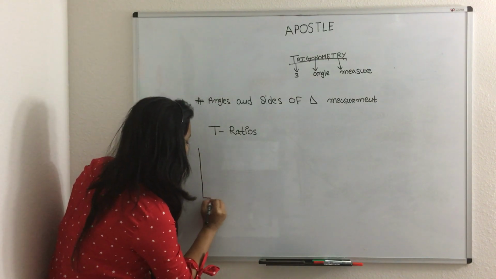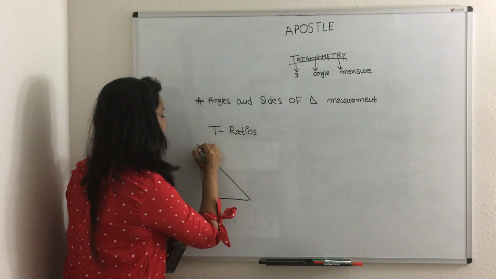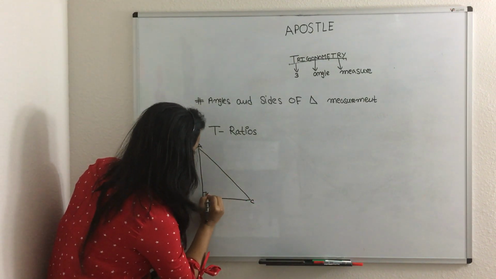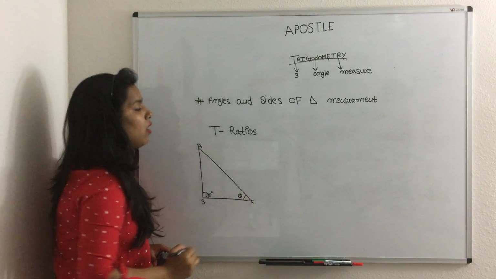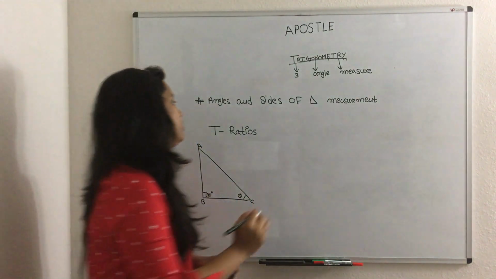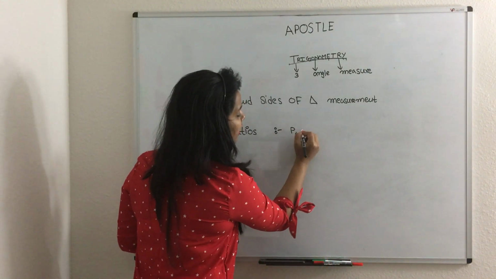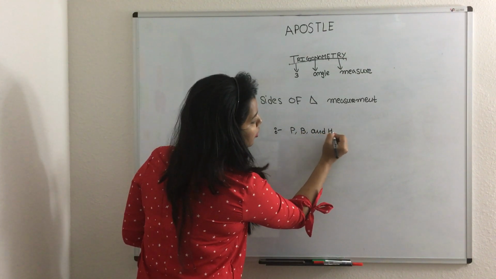For this again we are going to consider a triangle ABC. As usual, angle B is 90 degrees and angle C is theta. Now there are 6 trigonometric ratios. In this we have to give the relationship between perpendicular, base and hypotenuse of the triangle.